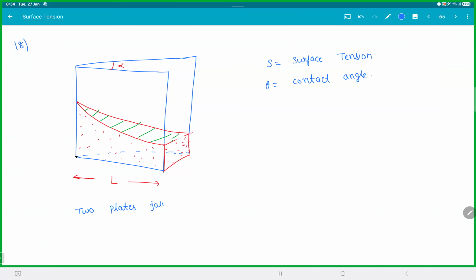Two plates joined at one side, and then making an angle alpha between them. So here on the edge, it's like you folded a plate by an angle alpha. So this is placed on a liquid surface, and the liquid level rises differently at different spots.